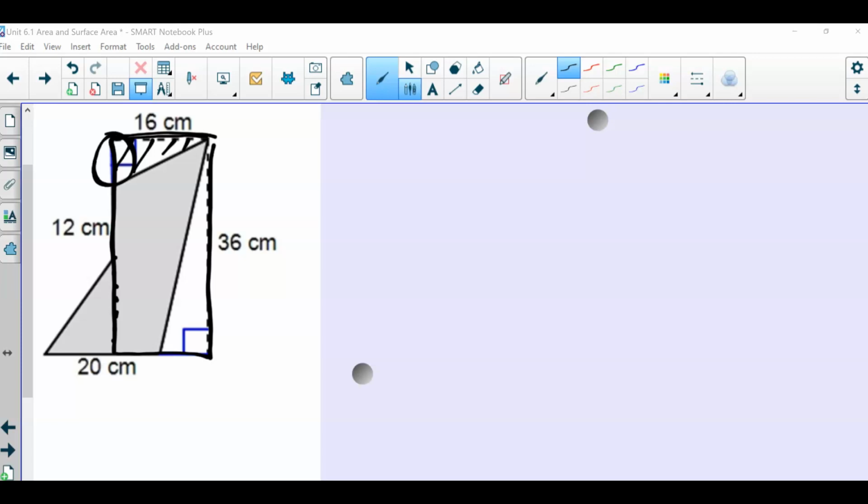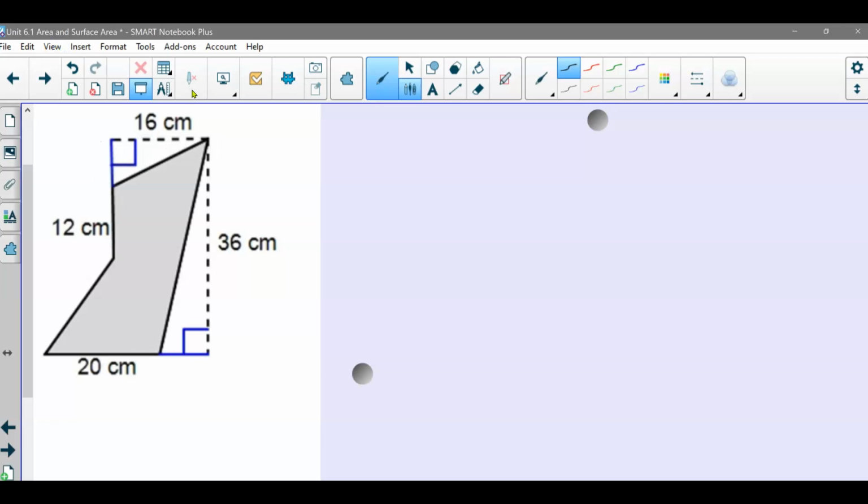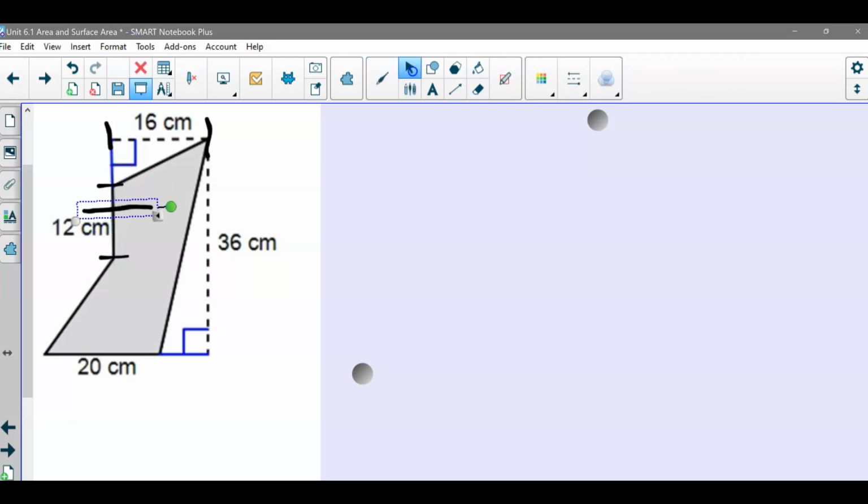So from here to here is 12, but from here to here is 16, which is larger. If I were to get this and move it, it should be shorter. See how it's shorter? It just ends right here at the box. I was thinking this whole measurement up here because I had drawn over it, but that's not it.